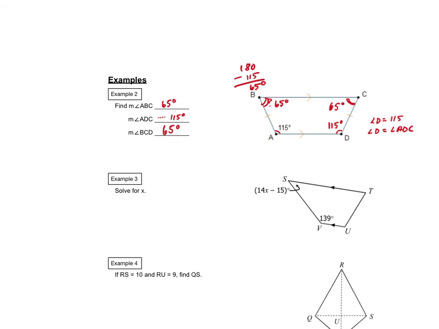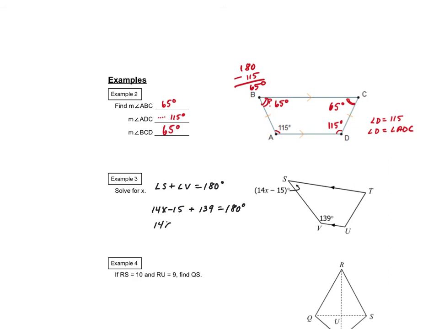So if we think about it, same side interior angles total up to 180 degrees. I know that angle S plus angle V is going to be equal to 180 degrees. Now I'm going to substitute. Angle S is 14x minus 15, and angle V is 139, and that is going to be equal to 180.